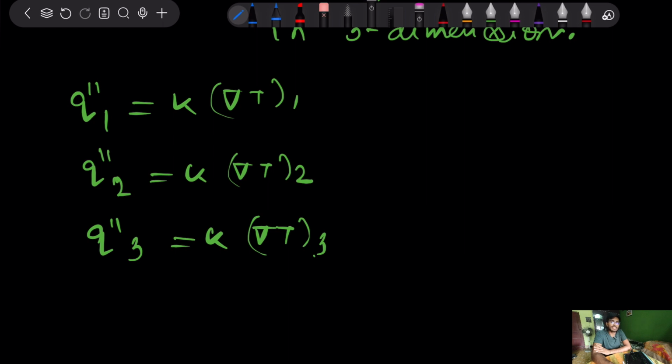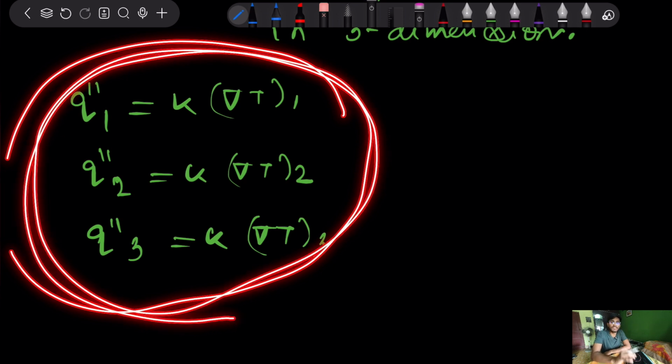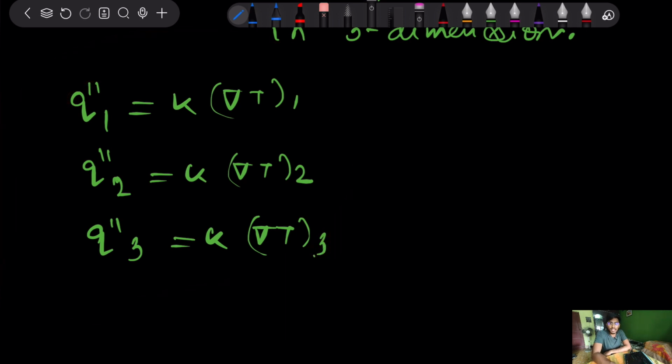Now you might be thinking why I am doing so much of this, because you have already studied heat transfer only in this form. But believe me, in practical cases you can have situations where isotropy is not there, where there is a considerable anisotropy in the material.